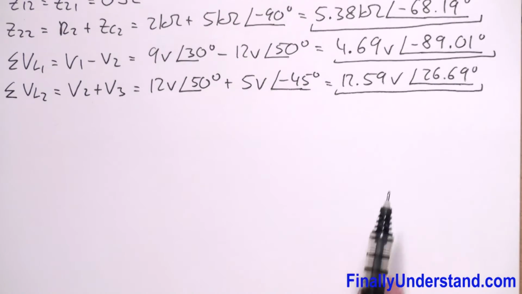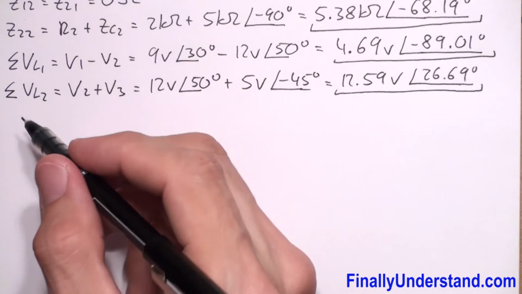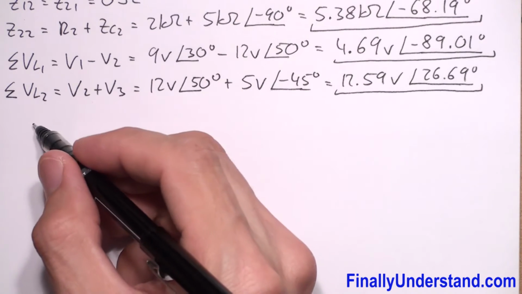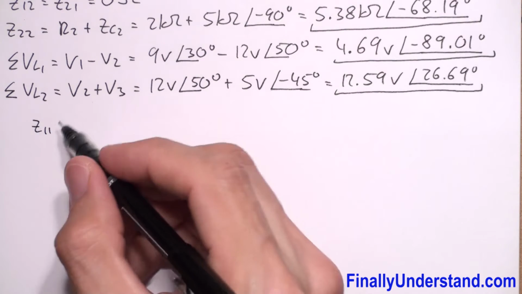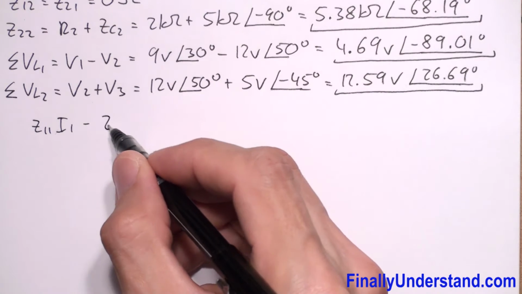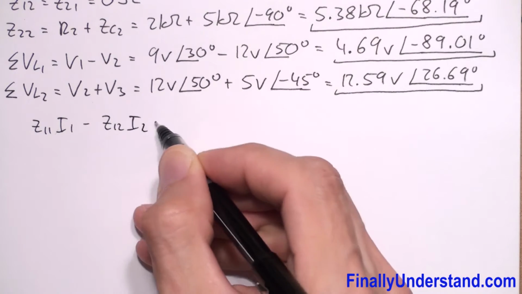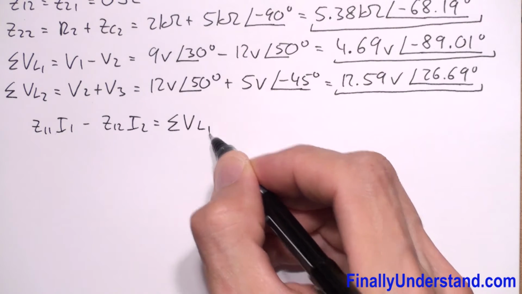First I'm going to write the general formula for the two loop circuit. So I have a formula which says Z11 I1 minus Z12 I2 is equal to the sum of the voltages in loop 1.